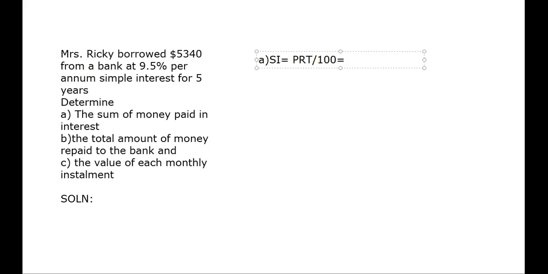So that's our principal, by rate 9.5, by time, which is 5, all over 100, which is equal to 2536.50. So that's the answer for part A.